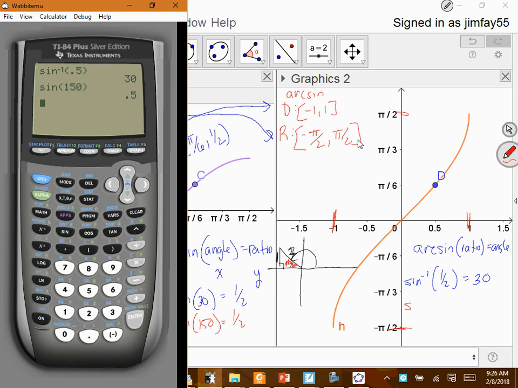So there will be times when the question says, we want you to do the work and get the 150-degree answer. But they'll tell you that when you evaluate the sine inverse of 1/2, the theta you're dealing with is in the second quadrant.